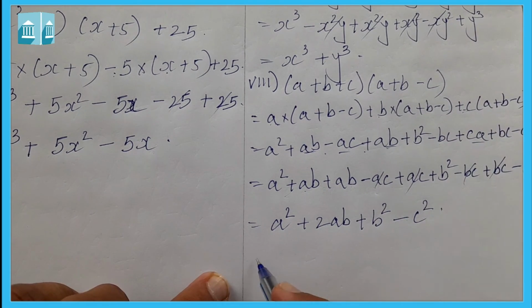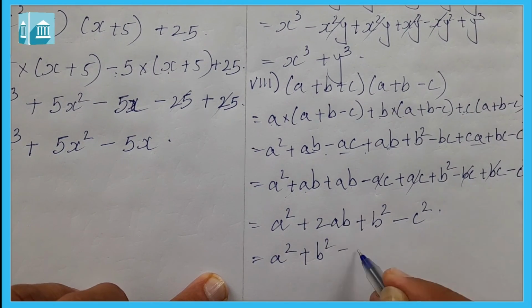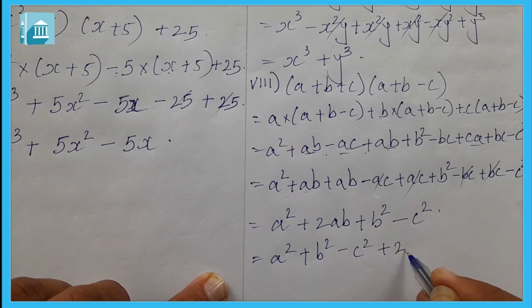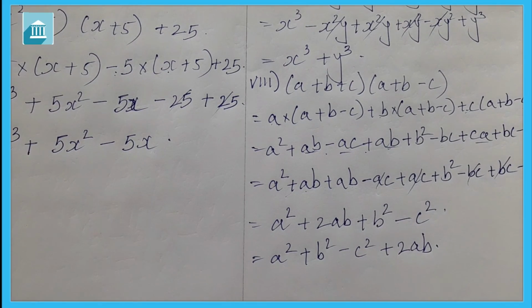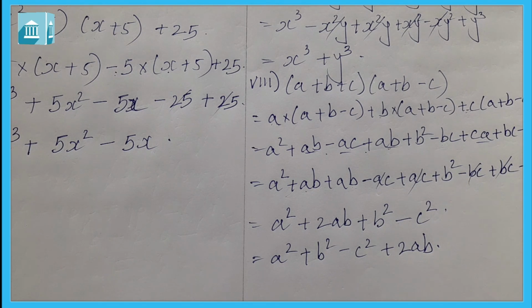So the answer, if we do it together, A square plus B square minus C square plus 2AB. So this will be the answer of question number 8.